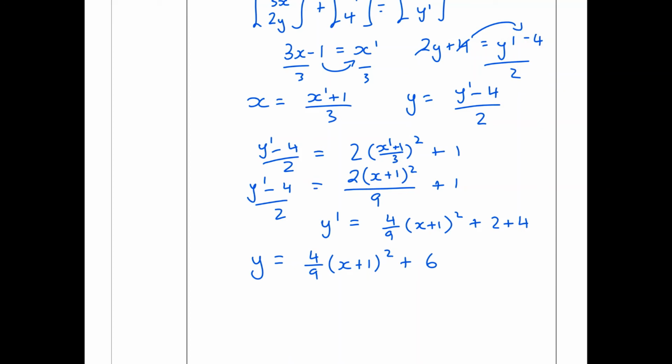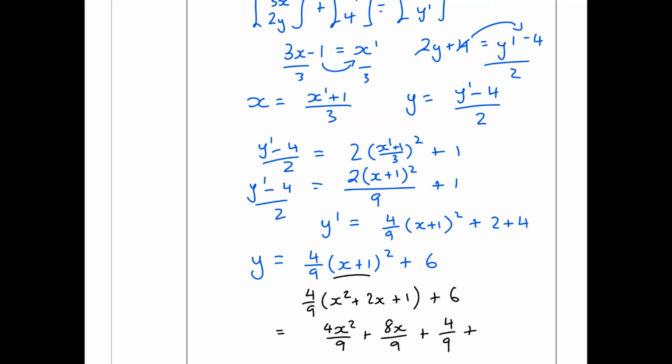So, expanding out (x plus 1) squared: x squared plus 2x plus 1. Square the first, square the second, twice the product in between. If I multiply the 4/9, then I get 4x squared on 9 plus 8x on 9 plus 4 over 9.